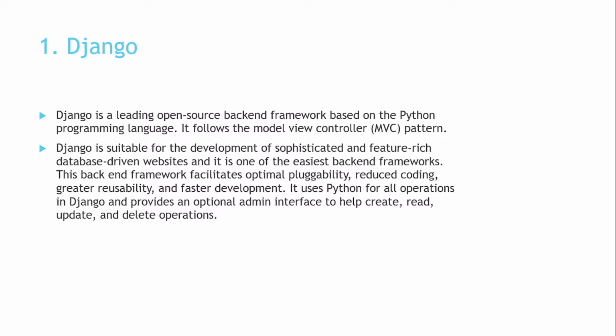Django is suitable for the development of sophisticated and feature-rich database-driven websites. If you want more features in your websites, then you can choose Django. It is one of the easiest backend frameworks because it is written in Python, and Python is a very easy language to use. This backend framework facilitates optimal pluggability, reduced coding, greater usability, and faster development.